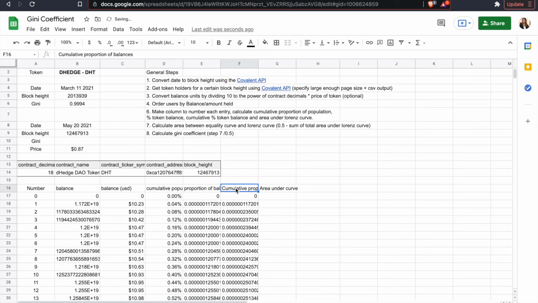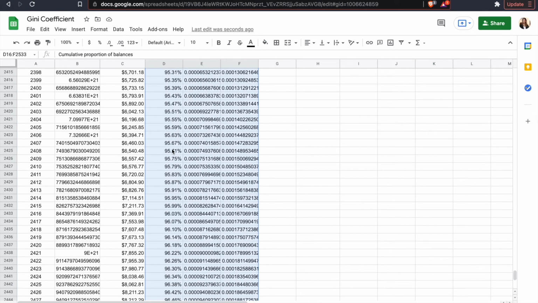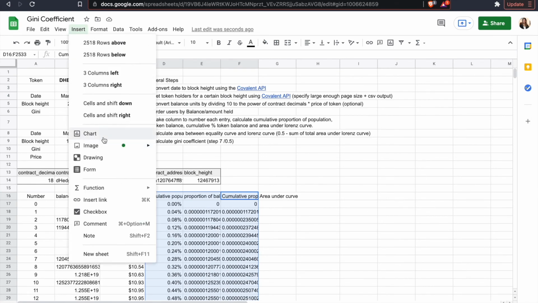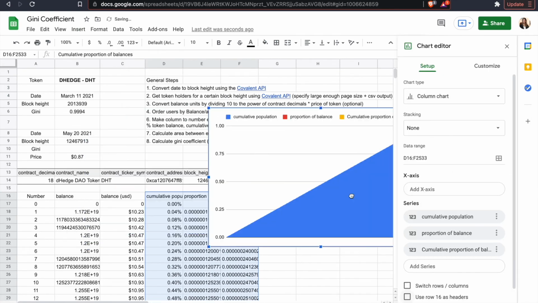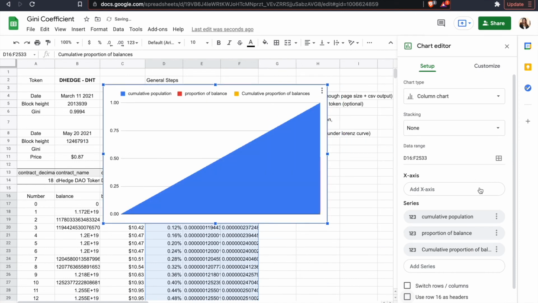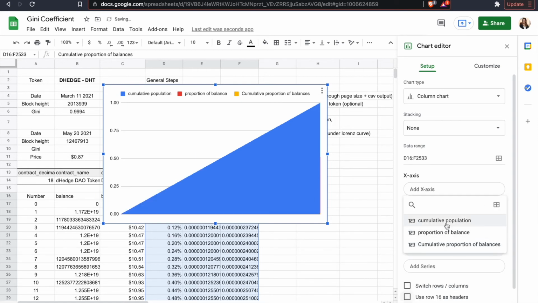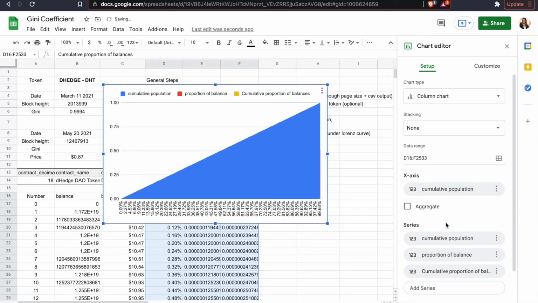So if I actually graph this for you, we'll have a quick look at what this looks like. This is what it currently looks like. This is the cumulative population.